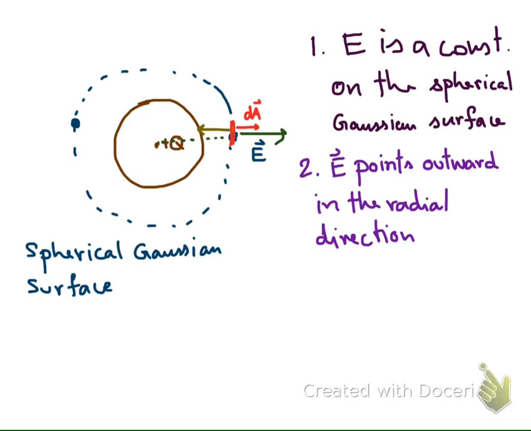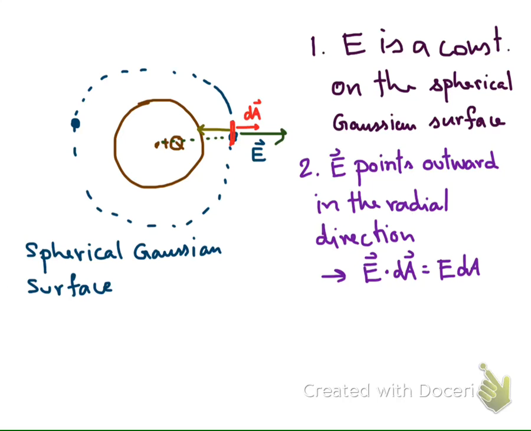Okay, E is always parallel to the vector dA. So the consequence of this expectation is that E dot dA is equal to E times dA.